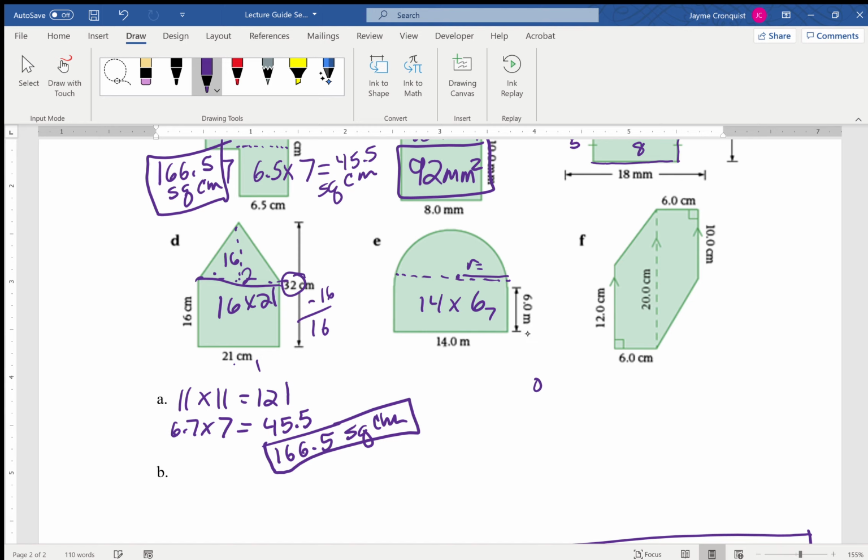All right. We're going to divide this. Okay. So this first box is 6 by 12.